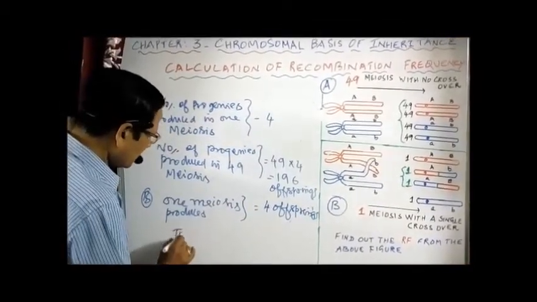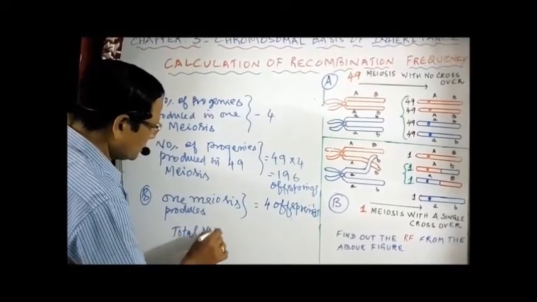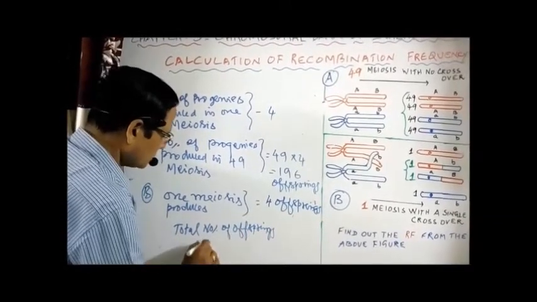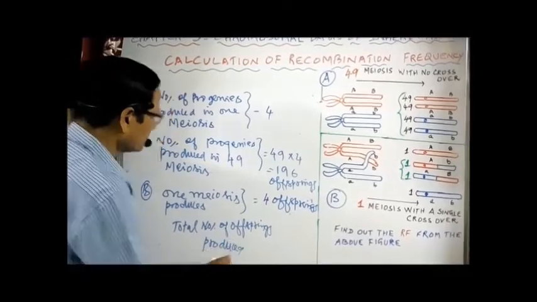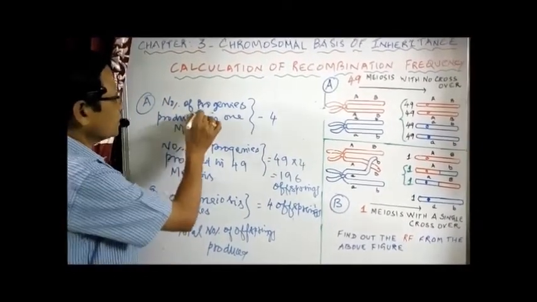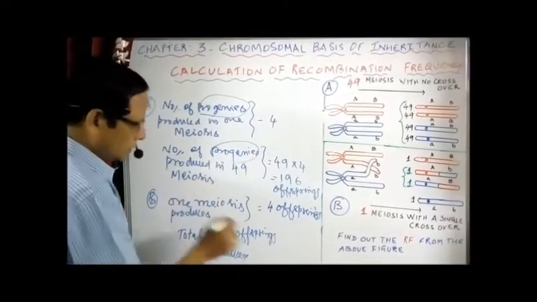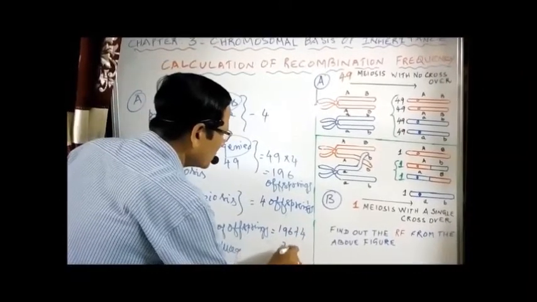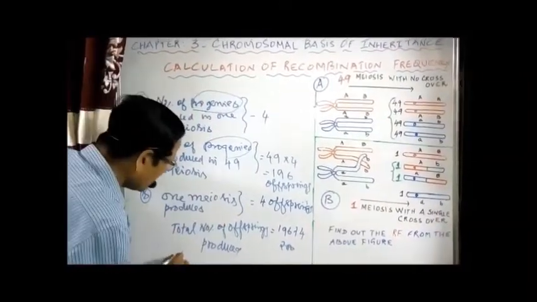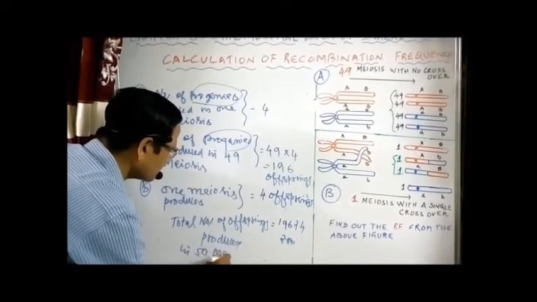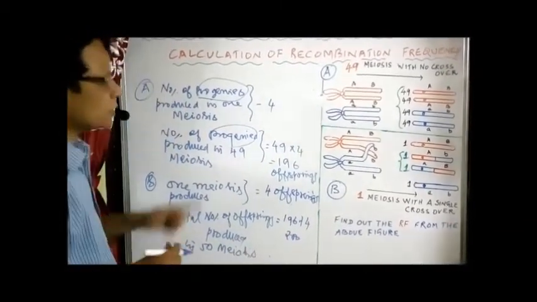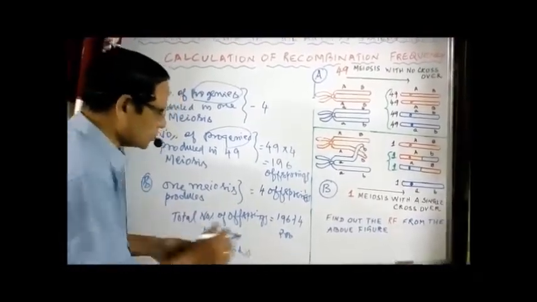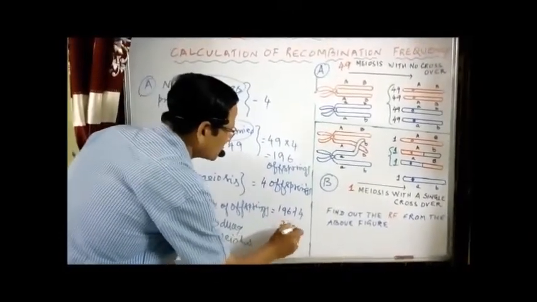Now the total number of offsprings produced: 196 plus 4, that is 200. That is the total number of offsprings produced in 50 meiosis, because the previous one had 49 and this one is the 50th. So the total produced is 200 progenies or offsprings.